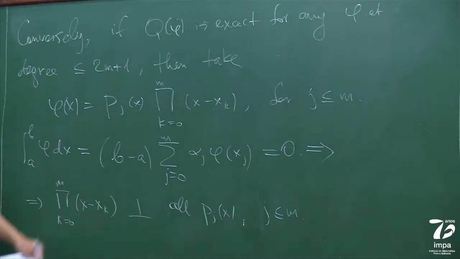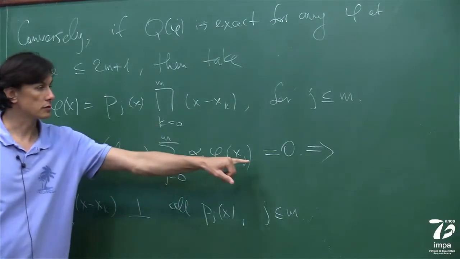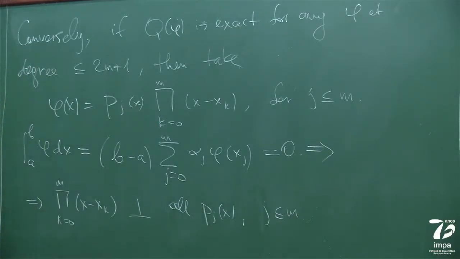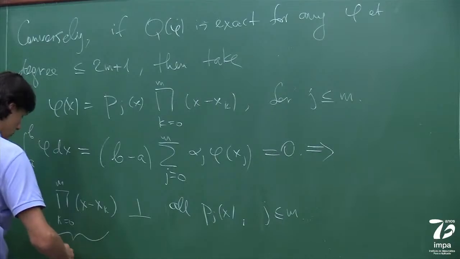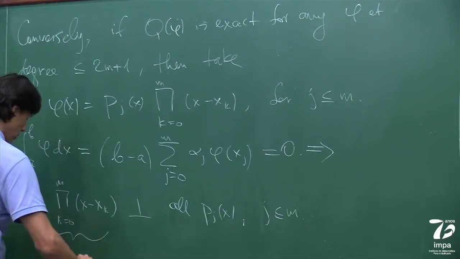This is just the orthogonality property, because this times that is 0. But this has degree m plus 1.